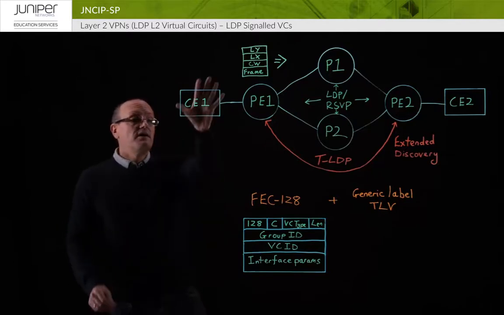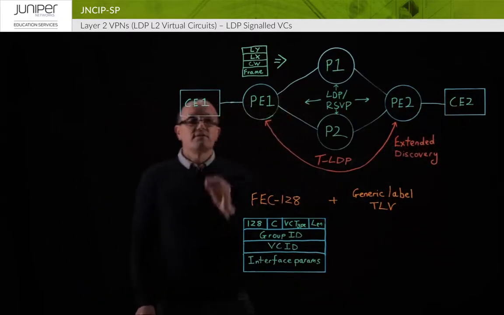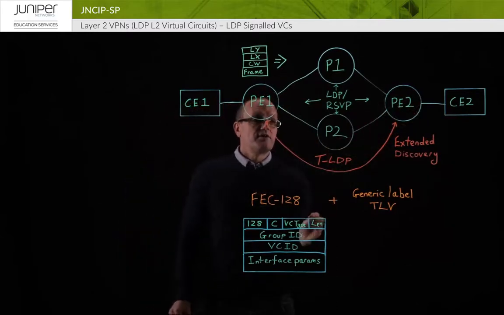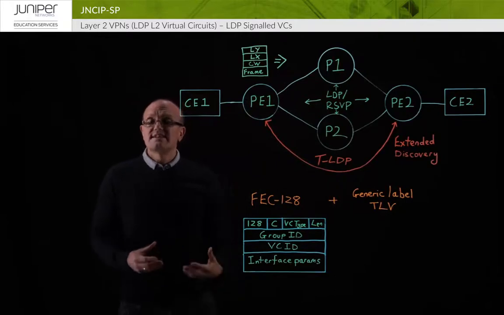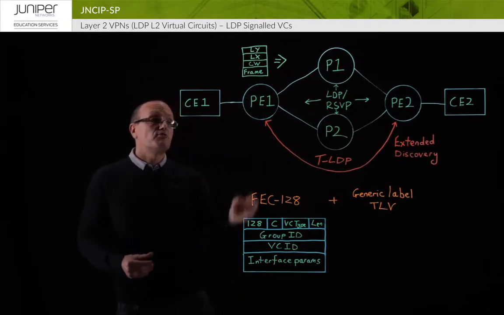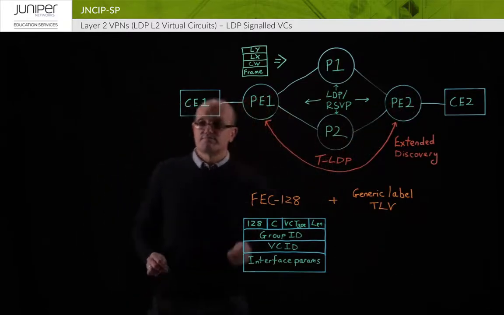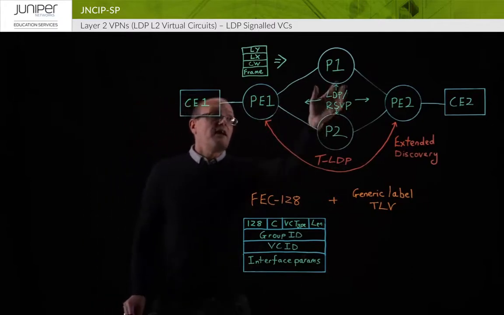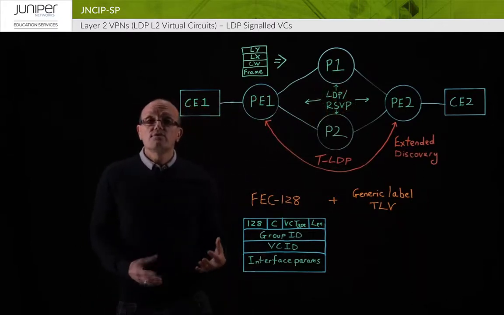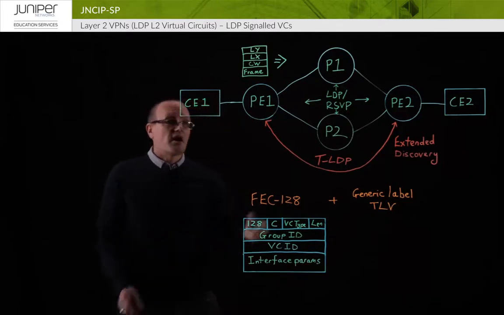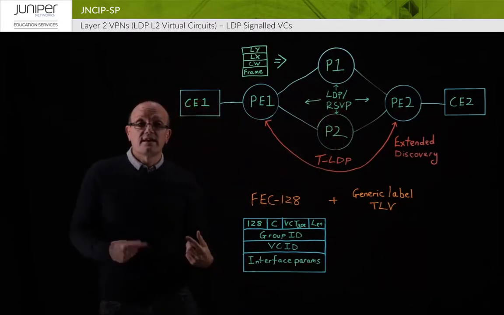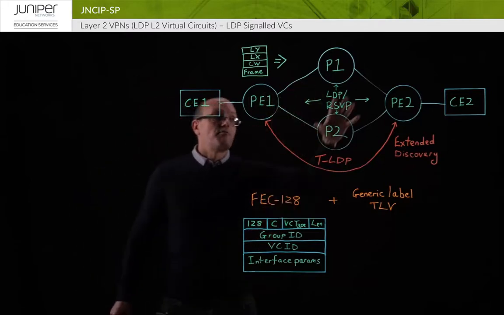We have our customer edge devices, our provider edge devices, and our provider devices. So signaling LSPs between our PE devices, we could be using LDP for this. We could also be using RSVP for this. If we were using RSVP, we'd have to be tunneling LDP over the top of that.